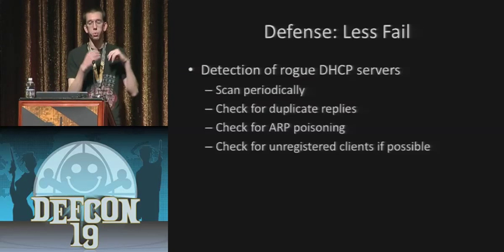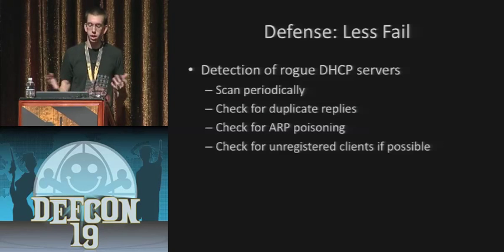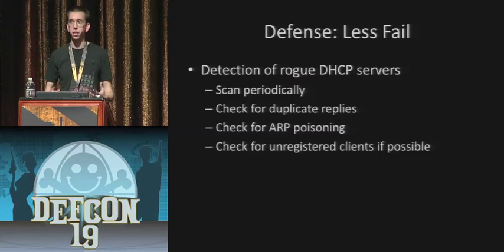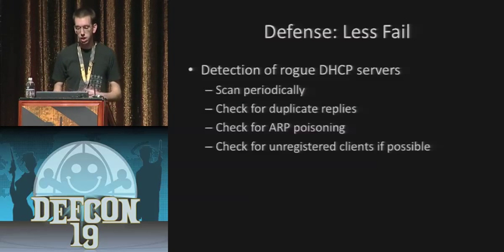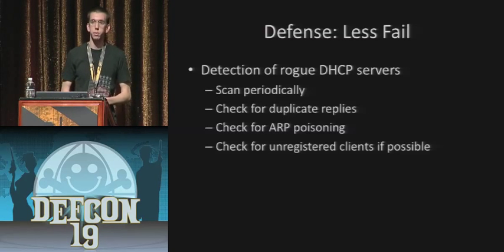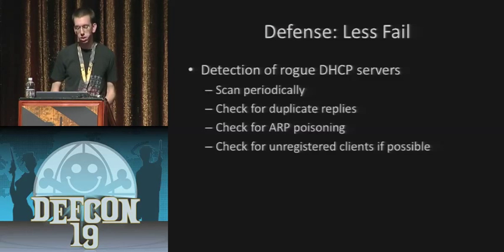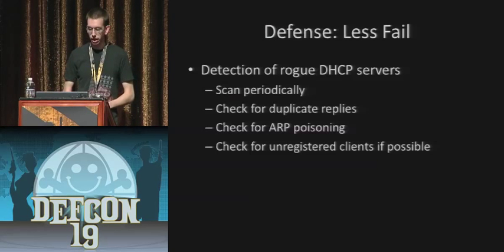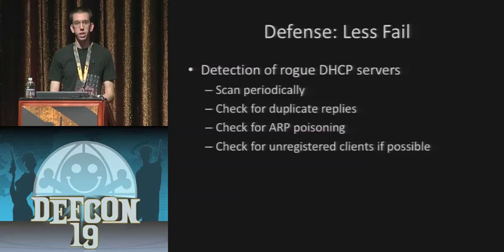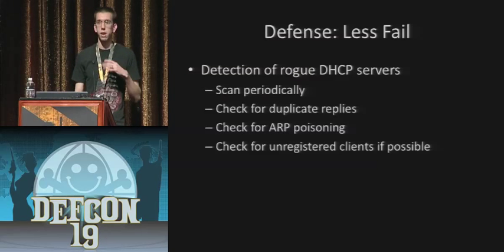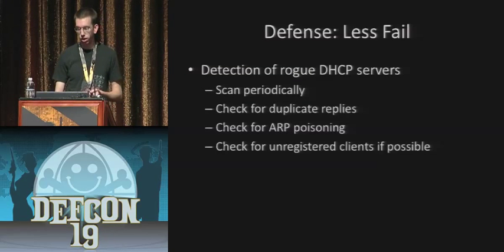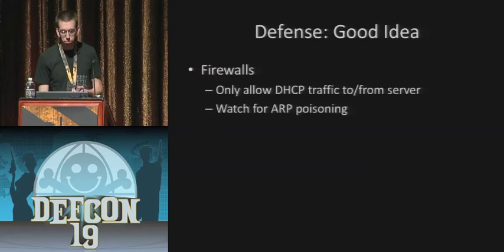You'd have to do it right as they were booting. But that is another thing that you could check for on the detection side, and unregistered clients if somebody was using the plug-into-the-switch style attack.